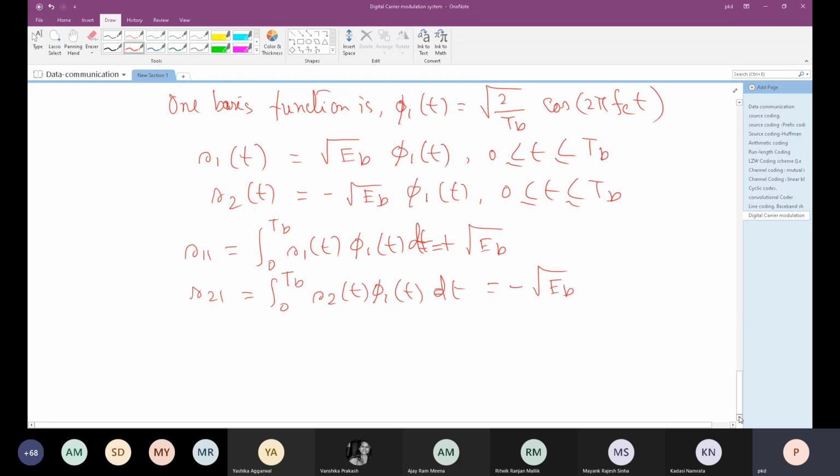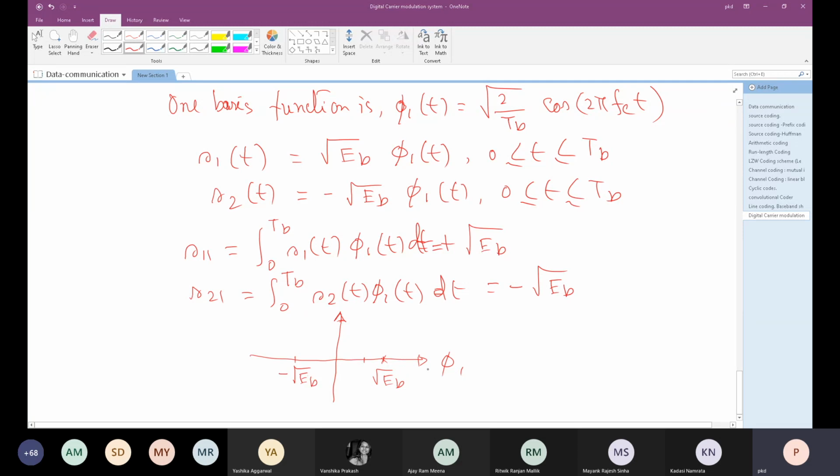Now if we represent this in a signal space, I think we will discuss it next day. Just I am drawing it. So we have only one basis function here. There is no other function necessary for PSK, binary PSK or BPSK. Only one is sufficient. So one point will be square root of EB, and another point is minus square root of EB.